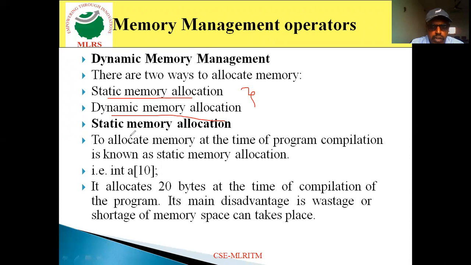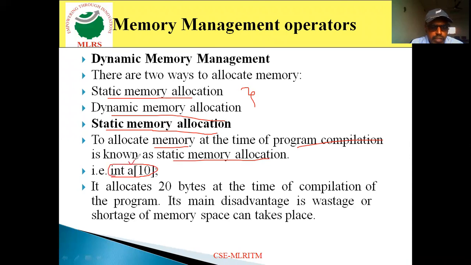Come to the first one, static memory allocation. In static memory allocation, we allocate the memory to the variable at the time of program compilation. When we allocate the memory at the time of program compilation, we call that static memory allocation. Take the example int a[10].